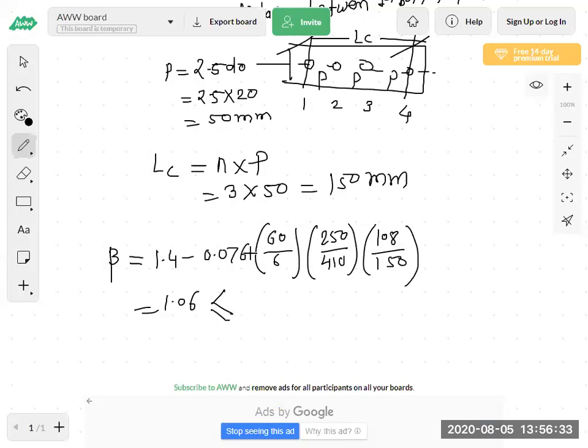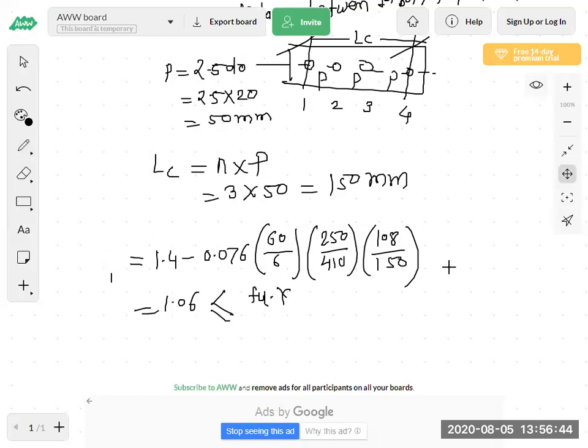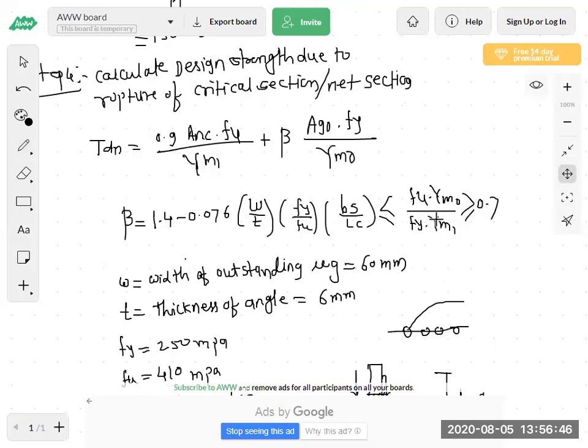But in the formula they have given, it should be less than or equal to Fu into gamma m naught.